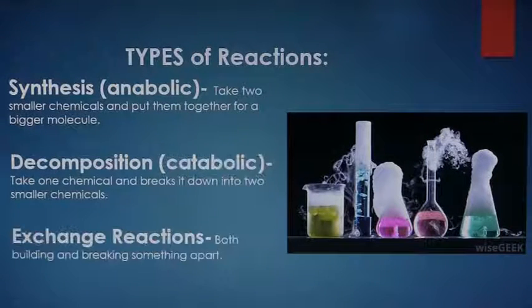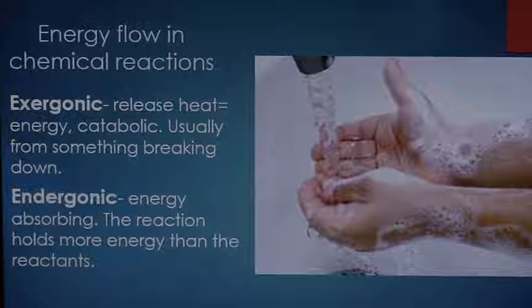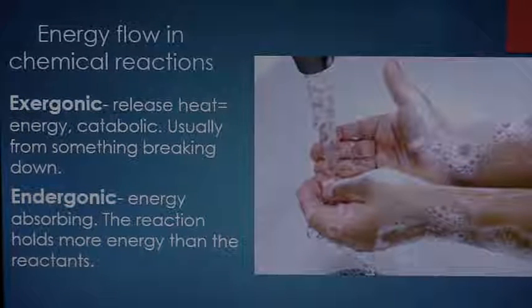Most chemical reactions exhibit one of these recognizable patterns. Synthesis is a combination reaction. Decomposition is reverse synthesis. Exchange is a displacement reaction. Energy can flow one of two ways in a chemical reaction.